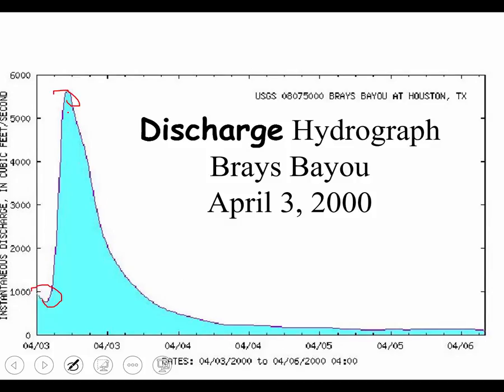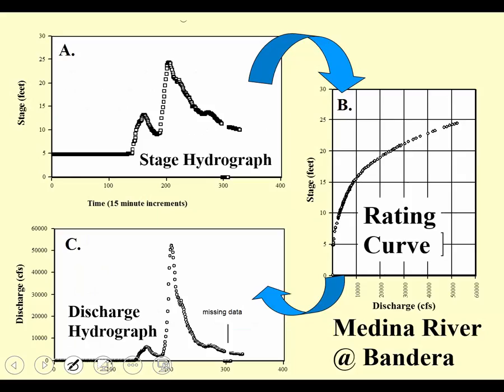Again, I took this off in real time. Here's the trick. We can measure the elevation, and we can do it at a gauging station. But it requires somebody in a boat or a gondola or in wading boots to measure and calculate the discharge. So we did it once.